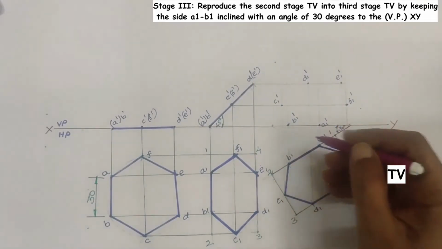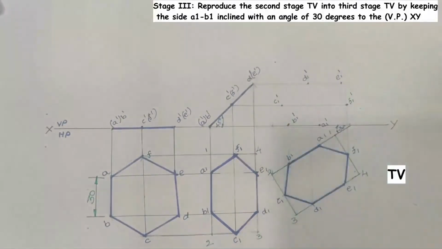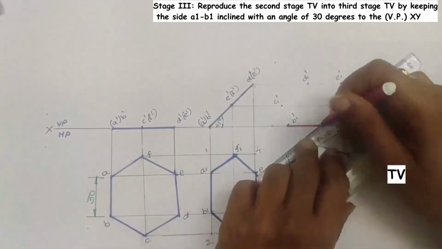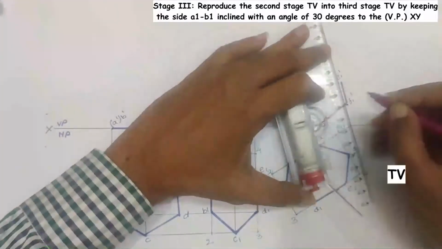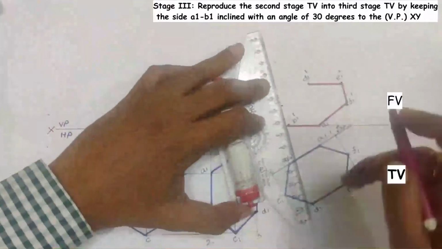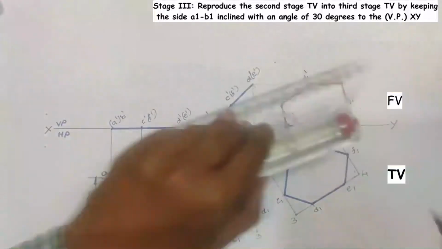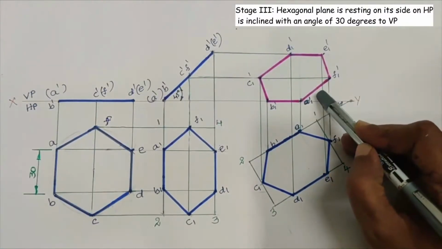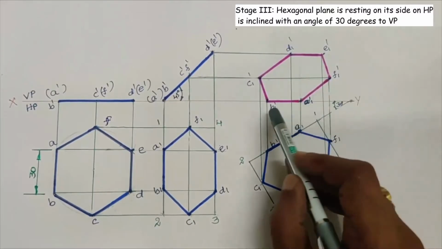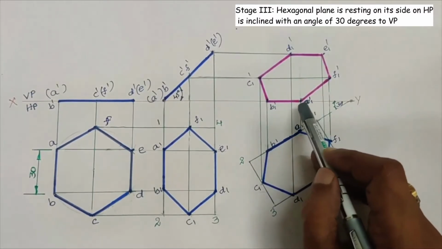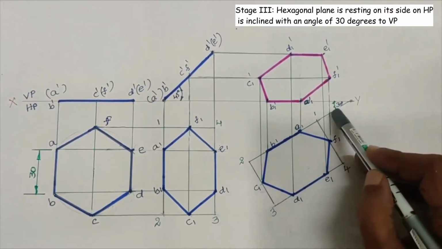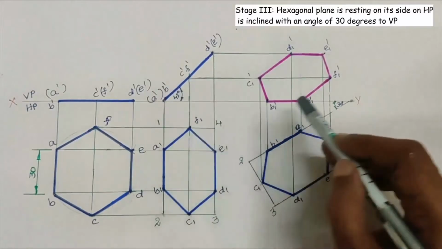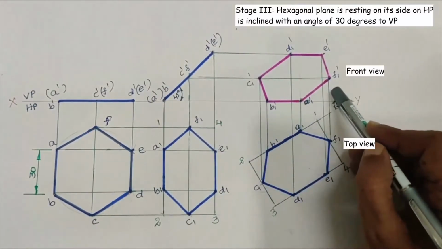Then join these intersection points in a sequential order with straight line segments. This is the required final stage front view when the hexagonal plane is resting on its side, say AB on HP, that AB side is making an angle 30 degrees to the VP, and its surface is making an angle 45 degrees to the HP.